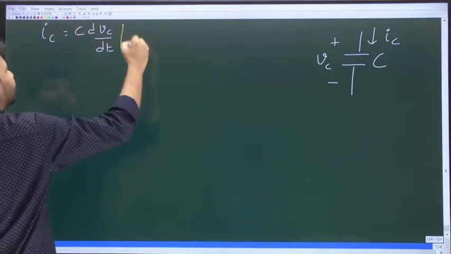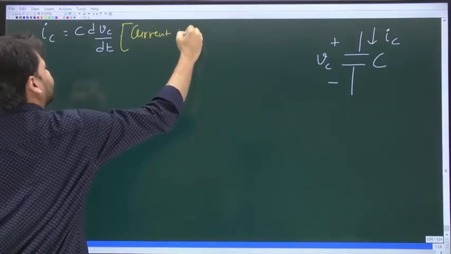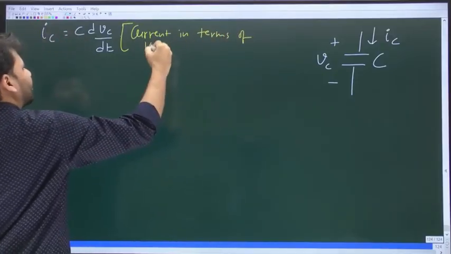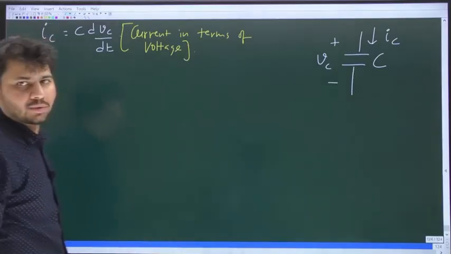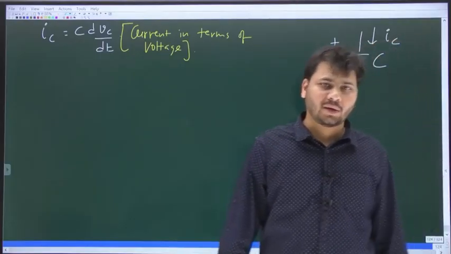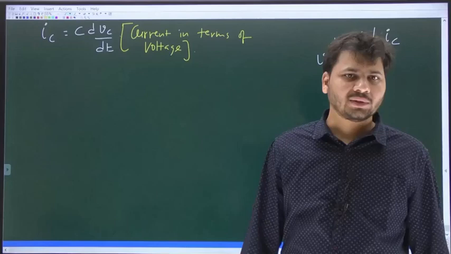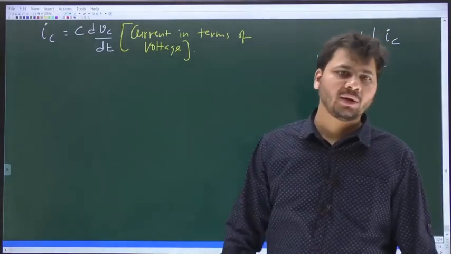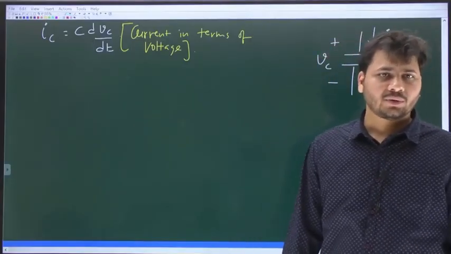So in brackets, I'll write, this is current in terms of voltage. So if you know the voltage across the cap, one can always find the current through the cap just by using this equation, C times dVc by dt. Now from this equation, let us find the voltage across the cap in terms of the current through the cap.